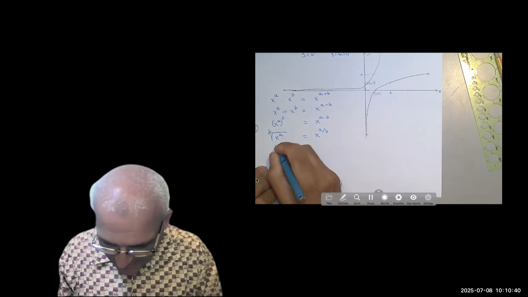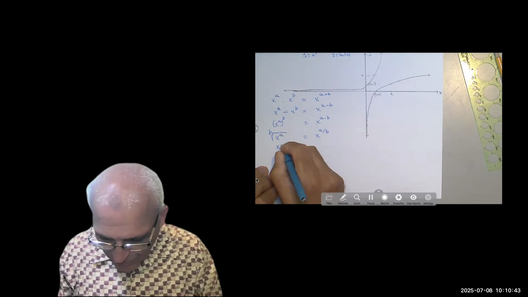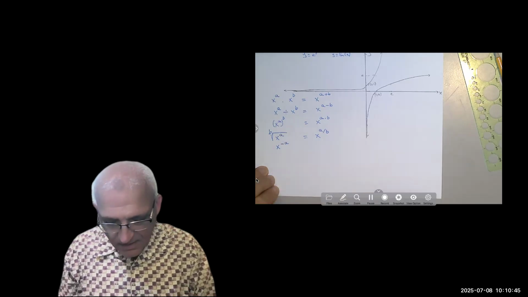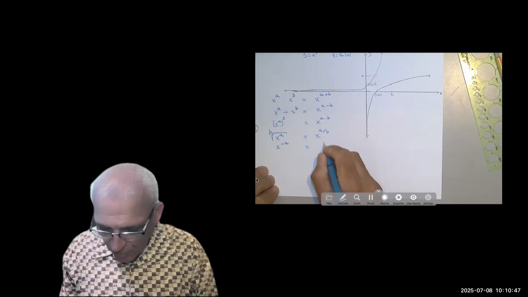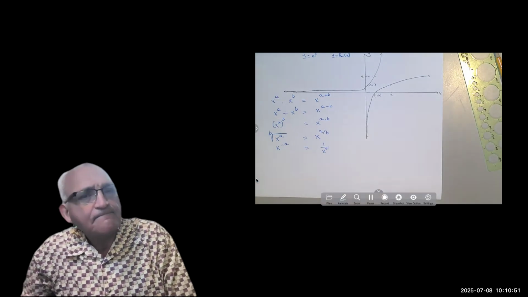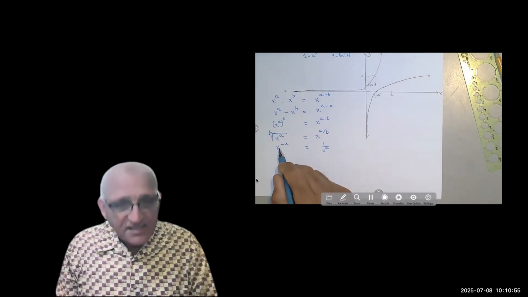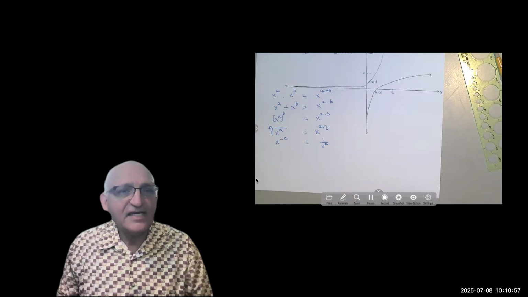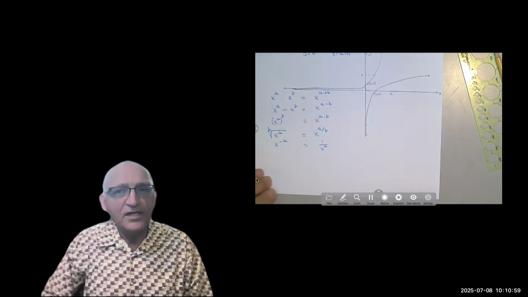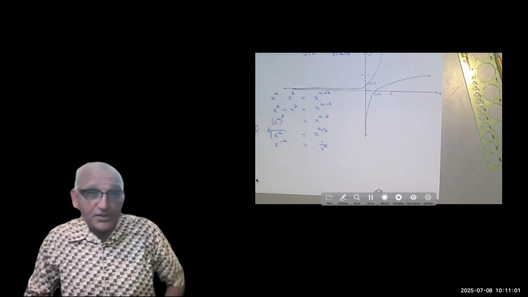We also say that x to the negative a equals 1 over x to the a. What does that mean? It means instead of writing 1/2, I can write it 2 to the -1. We call it the reciprocal, if you remember.